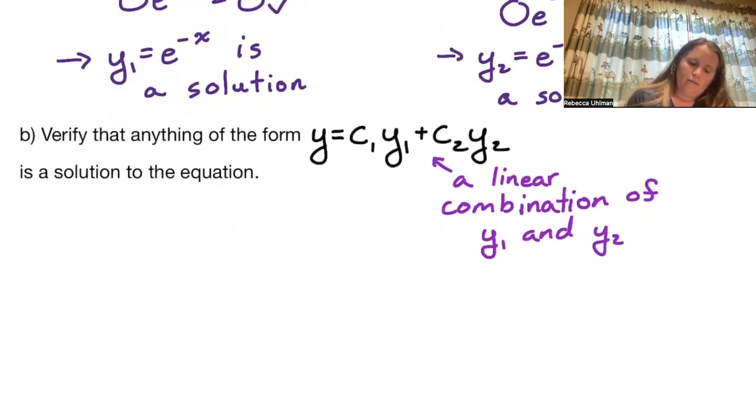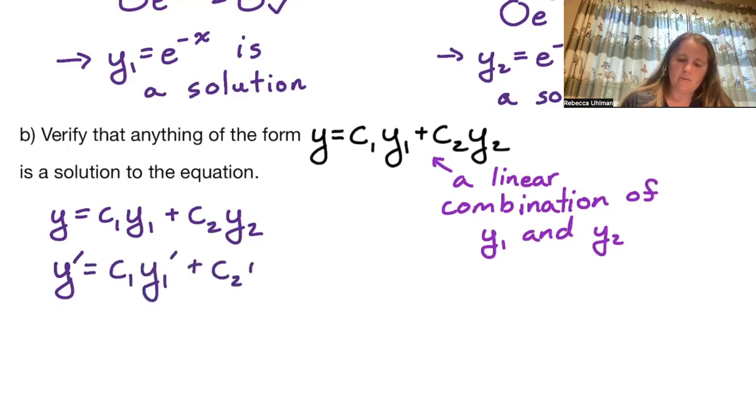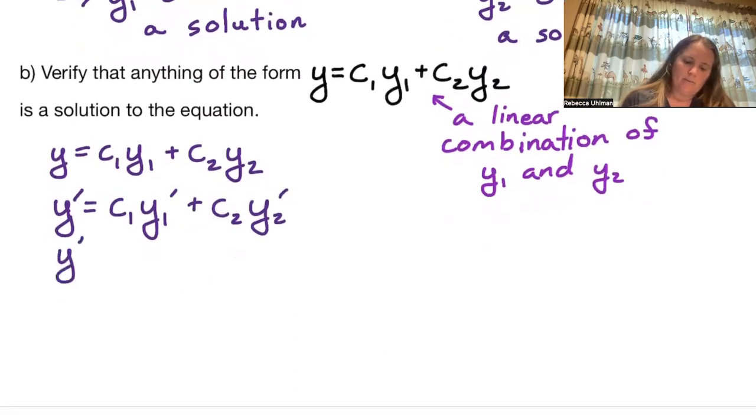So if we have y equals c1 y1 plus c2 y2, we therefore have y prime is c1 y1 prime plus c2 y2 prime, and y double prime is c1 y1 double prime plus c2 y2 double prime.